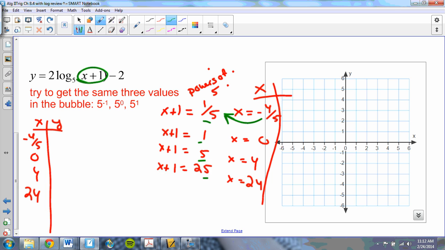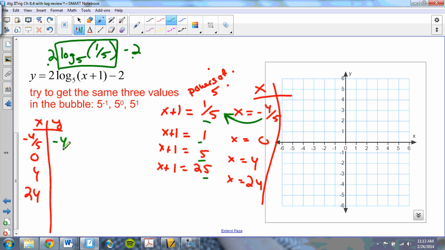That's how we set it up. So negative 4/5 plus 1 is 1/5. So what's log base 5 of a fifth? Negative 1. This whole thing here equals negative 1. What's negative 1 times 2? Negative 2. Minus 2? Let's plug in 0.